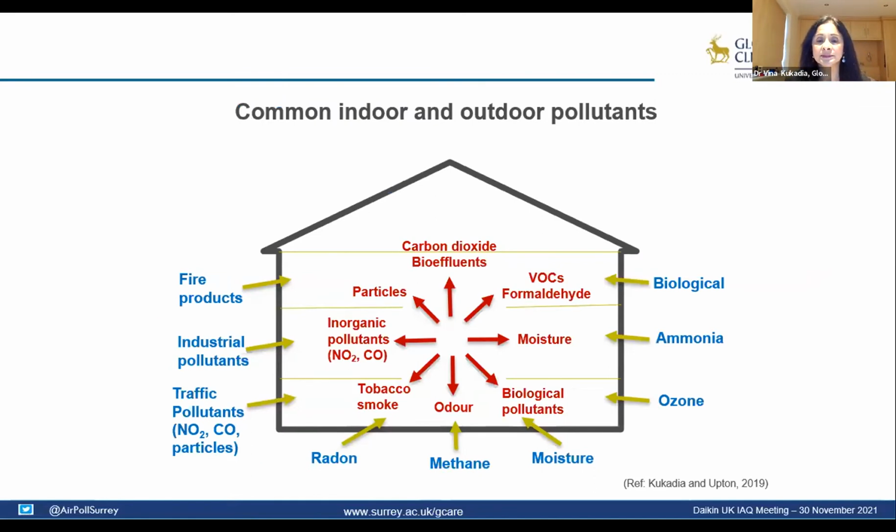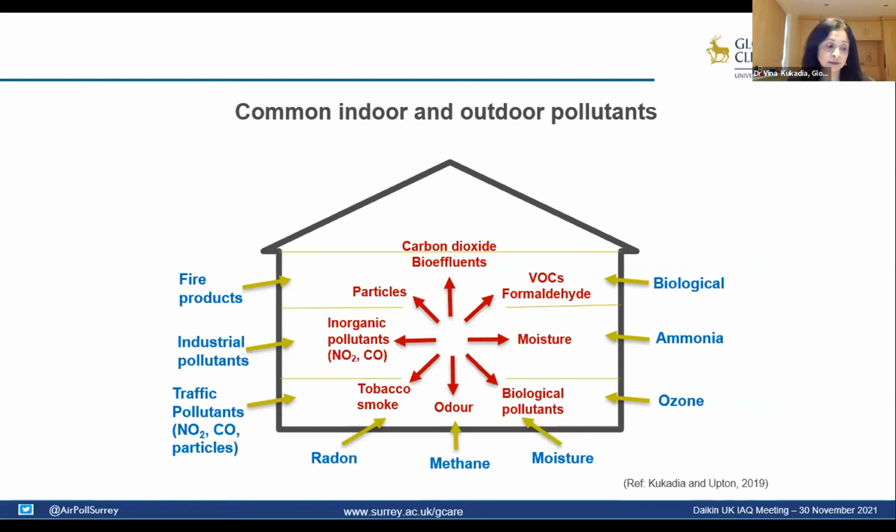Okay, this diagram looks quite complex, but it just shows typical pollutants that ingress from the outdoor environment and all those sort of pollutants that are emitted in the indoor environment. And it all depends on the environment that you're considering. So for example, a home will have different pollutants compared with a school or an office building.